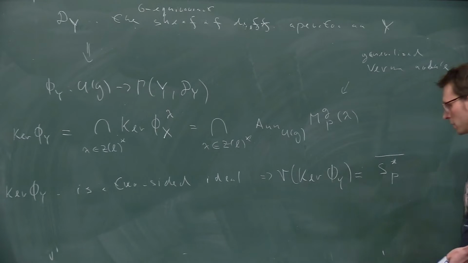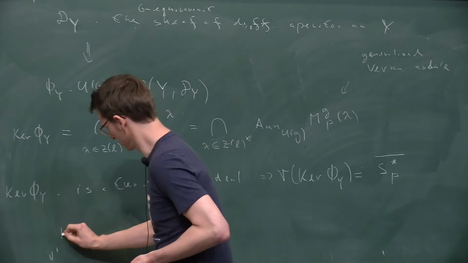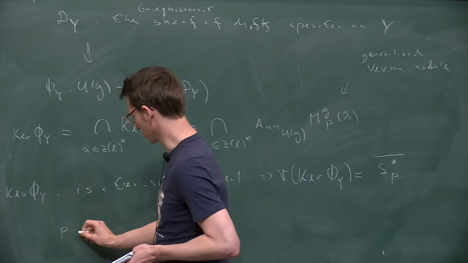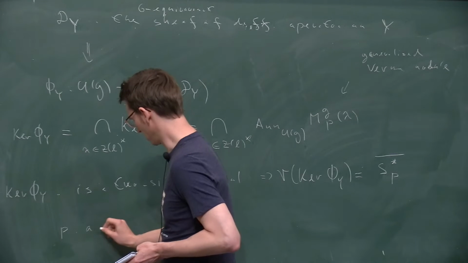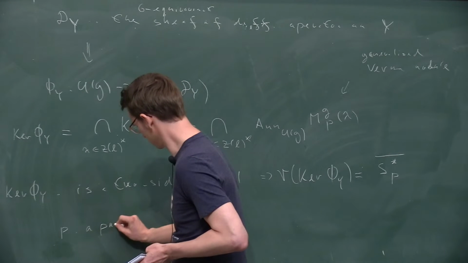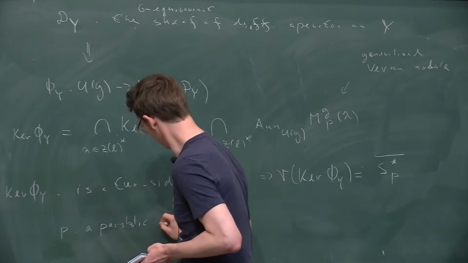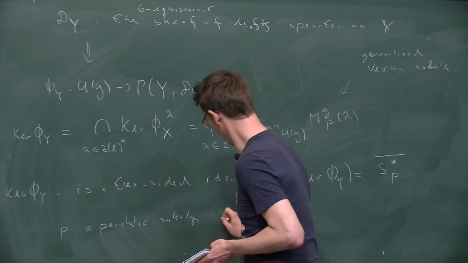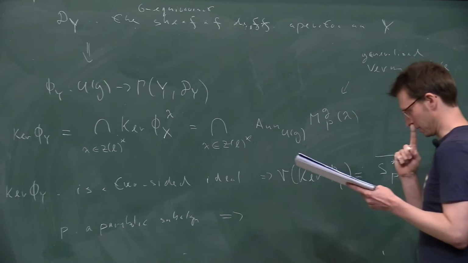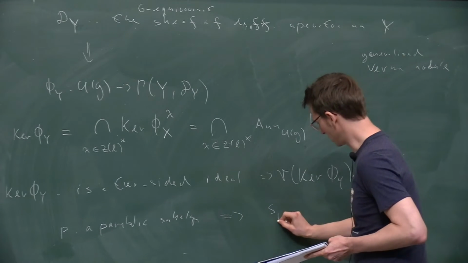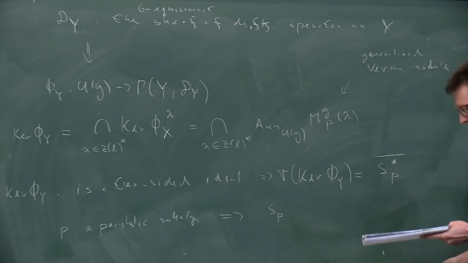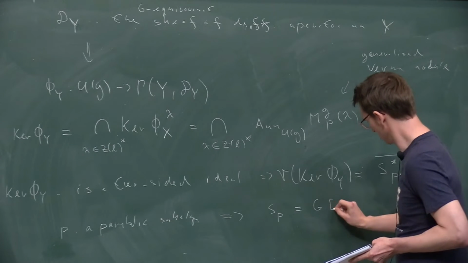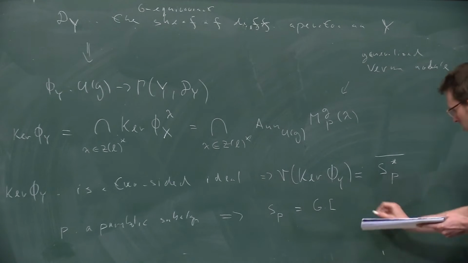I don't want to give a proper definition of the Dixmier sheet, but there is one possibility how to define it. If I have a parabolic subalgebra, then I can say that the Dixmier sheet associated to this parabolic subalgebra is just this invariant subset.